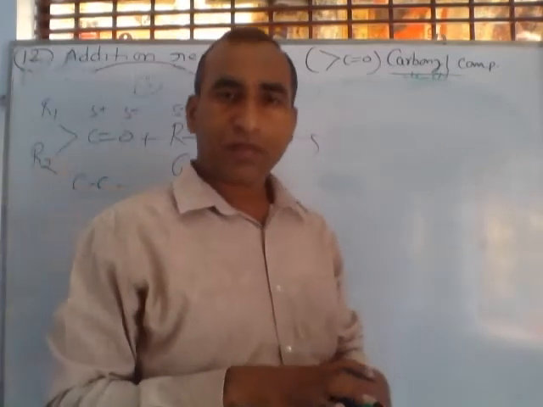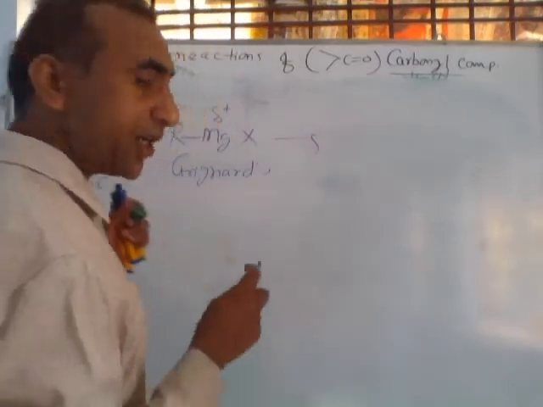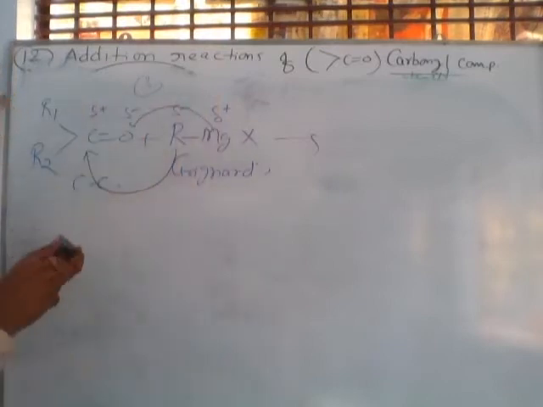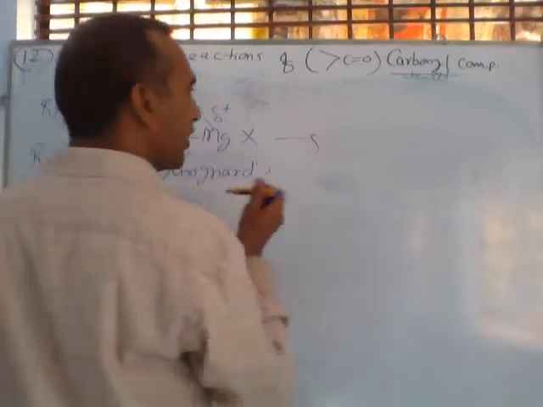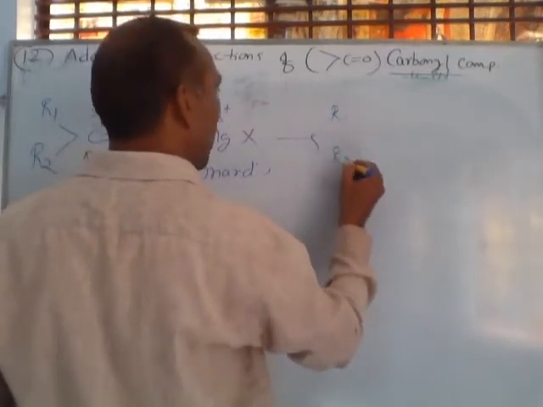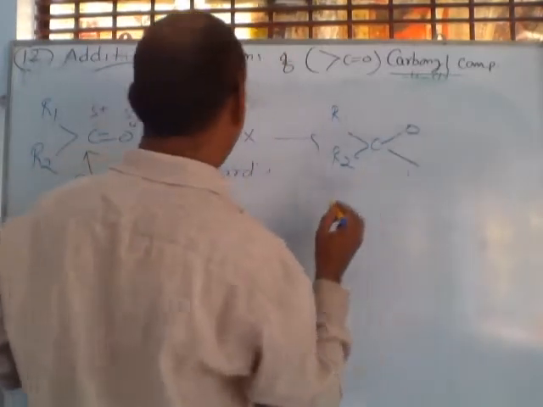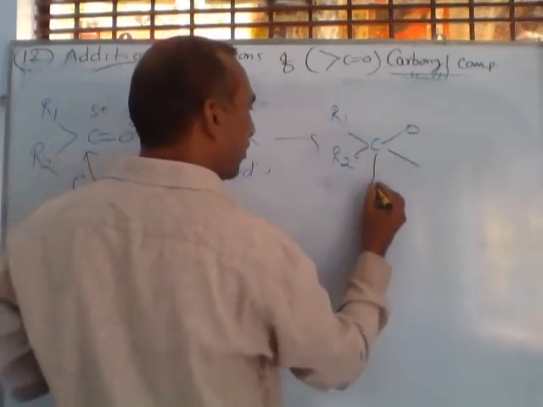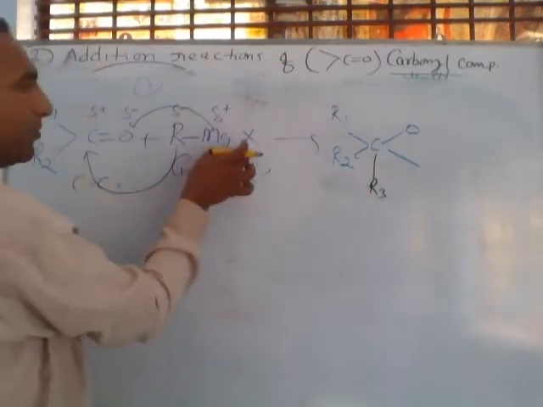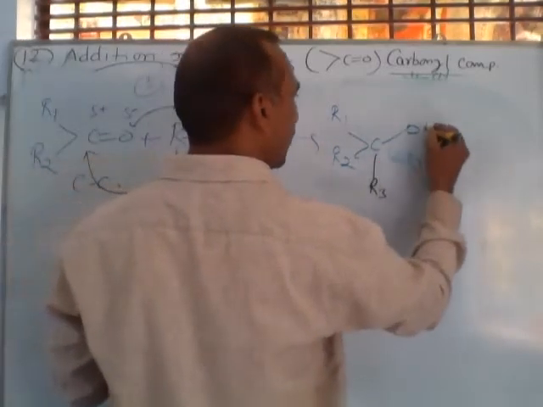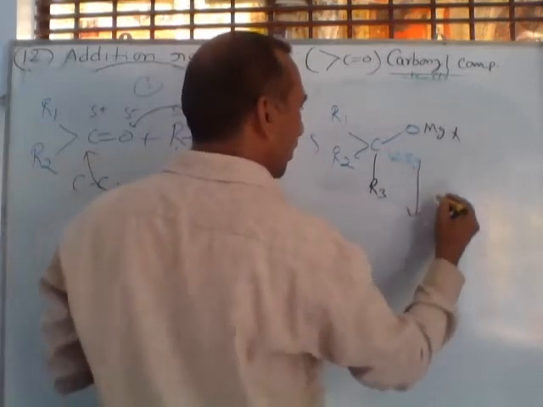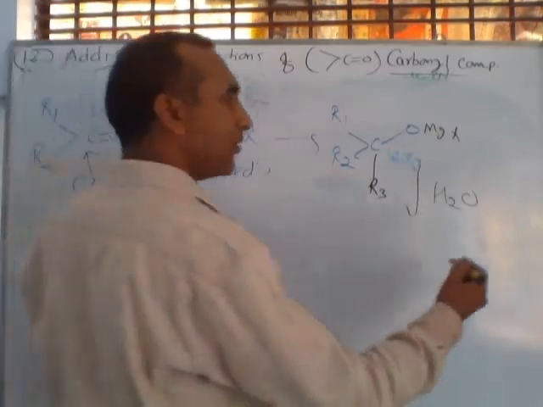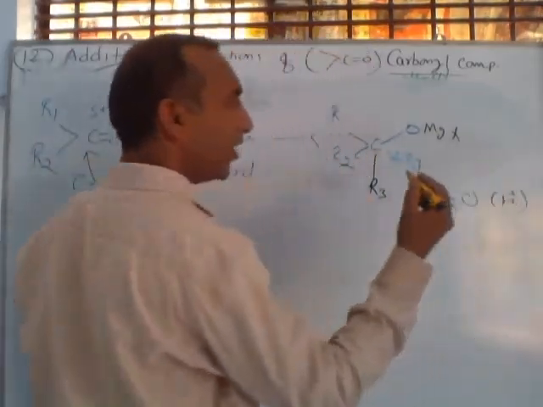So can you guess what type of addition reaction will take place? This R will join on carbon and Mg will join with oxygen, and after the reaction you can write this product as R1, R2, C, with R3 and OMgX here. If we hydrolyze this product in the presence of an acid, then what happens?